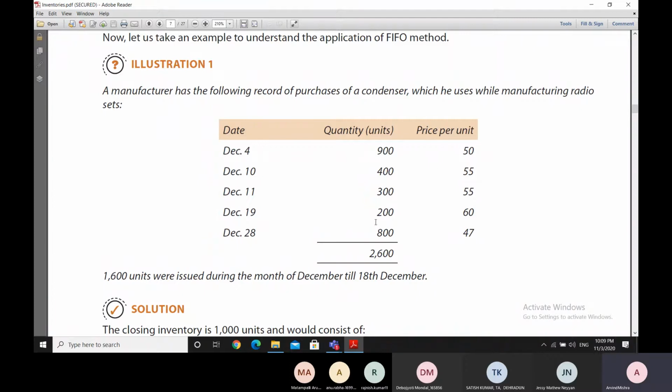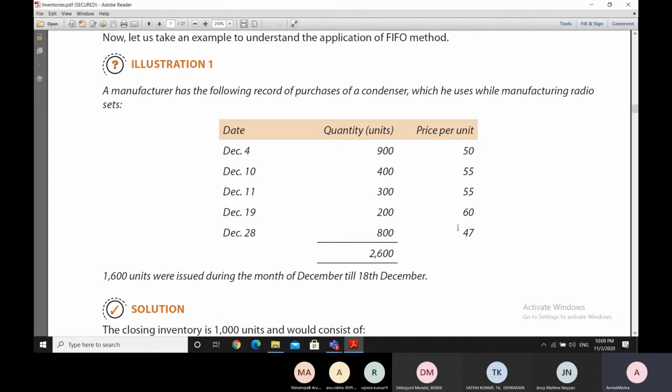And thereafter on December 19, he has purchased 200 units. And on December 28 also he has purchased 800 units. So whatever he has purchased on December 19 and 28 is still lying in stock, and that has not been issued.